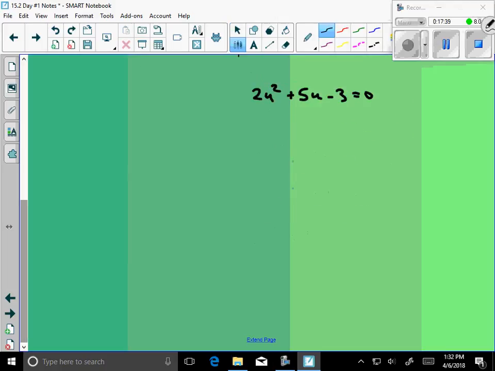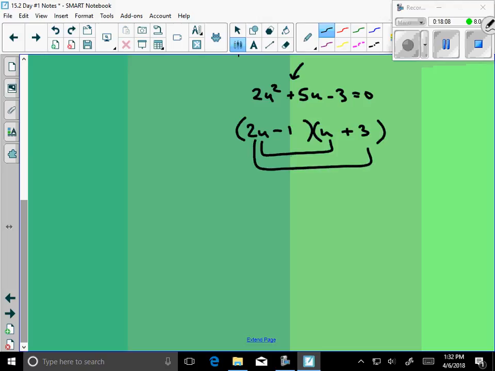That would be 2u and u, and I think a plus 3 and a minus 1. If I foiled that, would I get that? No, but I want a positive 5. So if I foiled this, I'd get 2u squared, 6u, -1u, -3. Yeah? So I'm okay. So let's rewrite this in terms of cosine. This will be our last problem of the day.